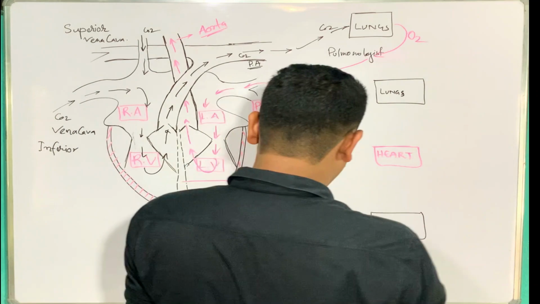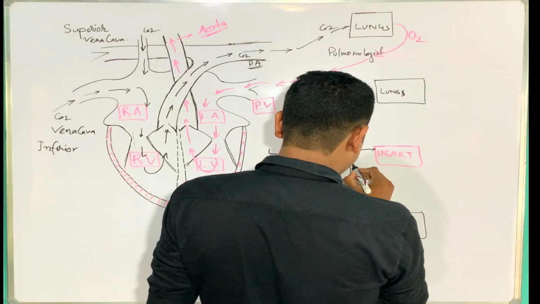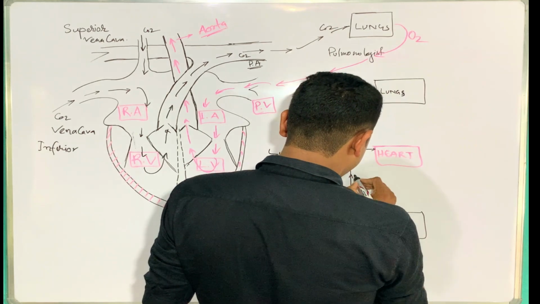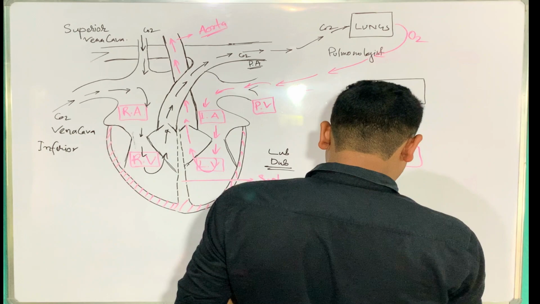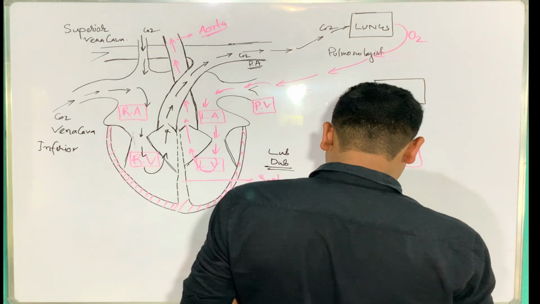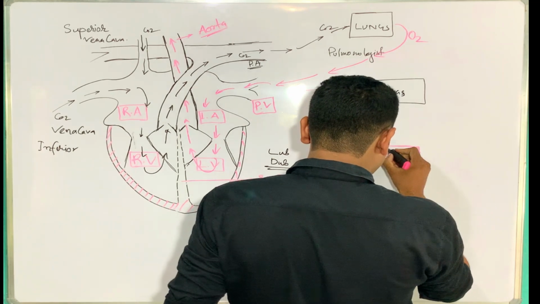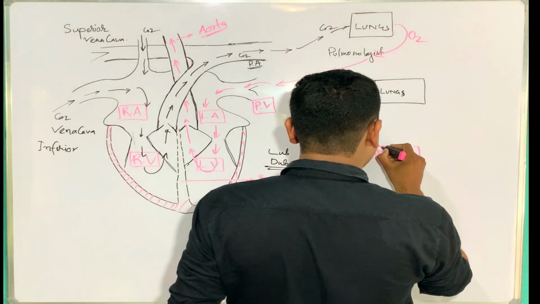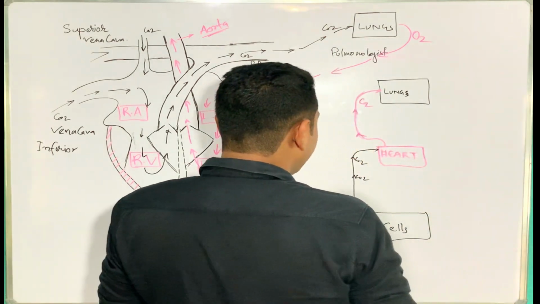So what happens in this case is that from the cells it carries carbon dioxide, CO2, to our heart. And from the heart, after coming here, it gets pumped and carries that carbon dioxide to the lungs.